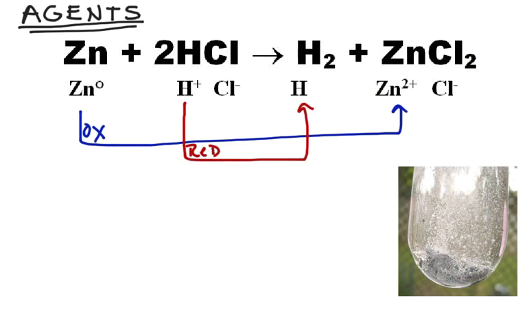Now the last little idea is there's a terminology called the oxidizing and reducing agents. So here we have zinc, and zinc is being oxidized, going from zinc neutral to zinc 2+, and the hydrogen ion is being reduced. Now we could say that zinc is oxidized and the hydrogen is reduced, or we can say that zinc is oxidized and that the hydrogen is the oxidizing agent.